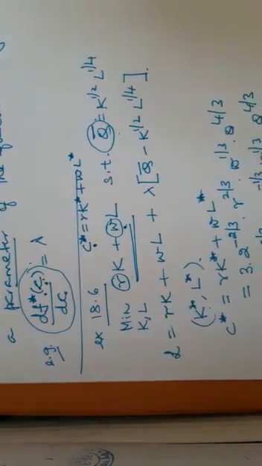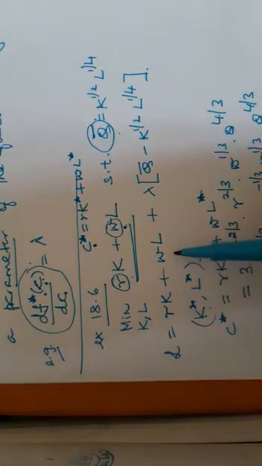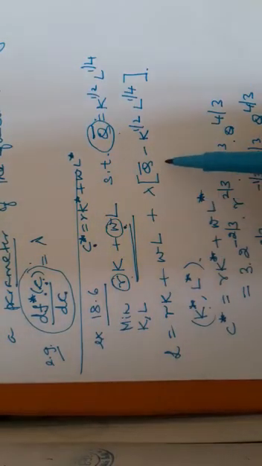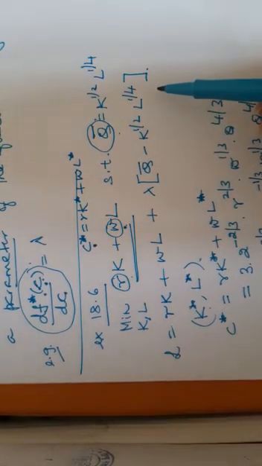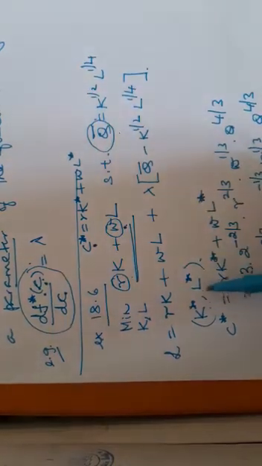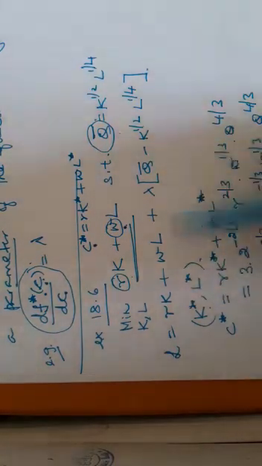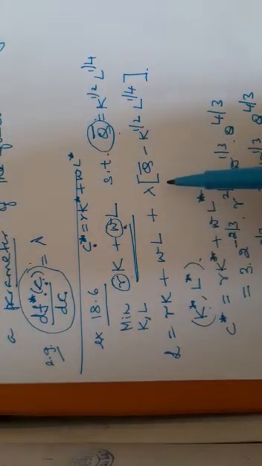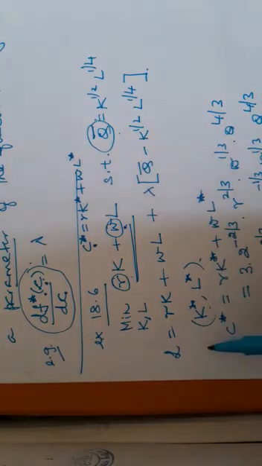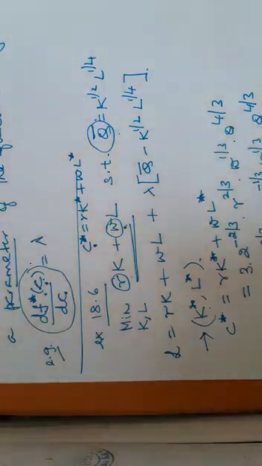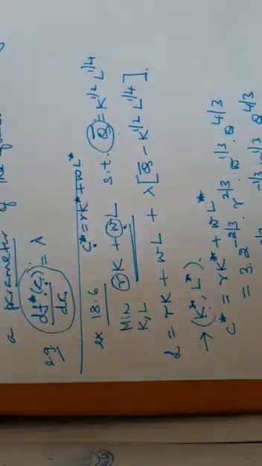Now in this example, our Lagrangian was RK plus WL plus lambda times the constraint constant Q bar minus K to the power half L to the power 1/4. You must have got your stationary point by taking the first order partials and putting them equal to 0. So from there you got the optimal values, represented by K star and L star.